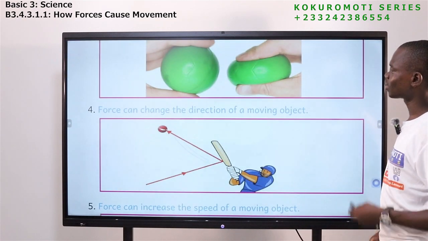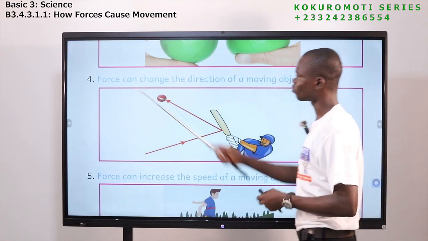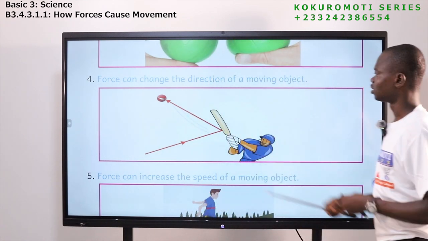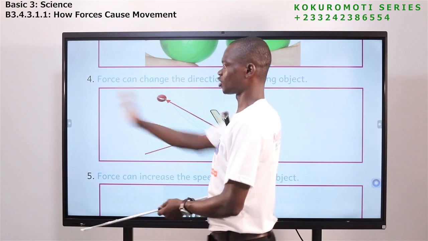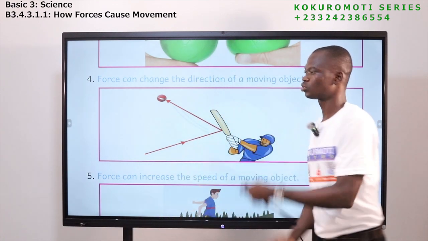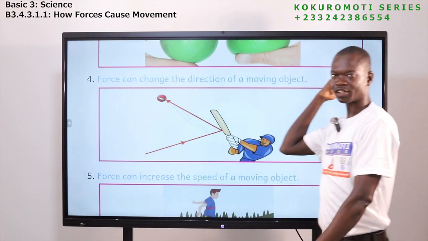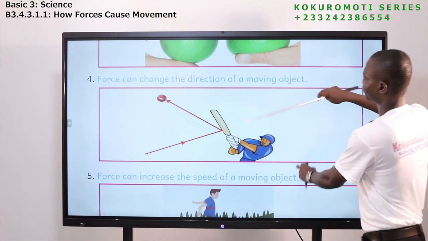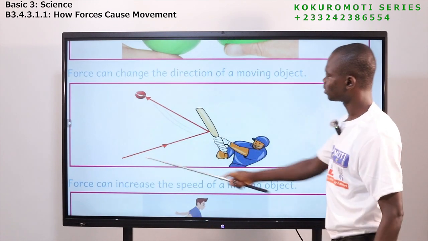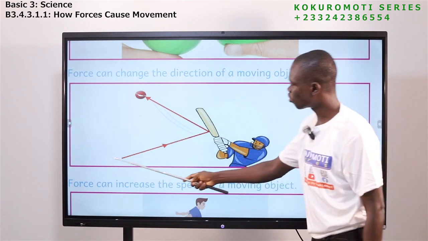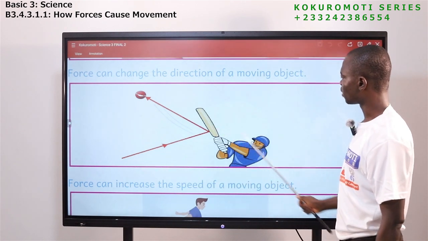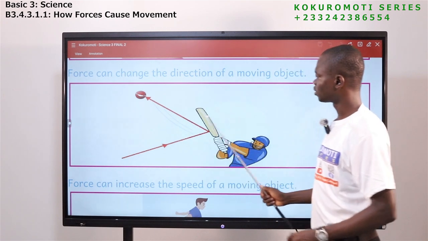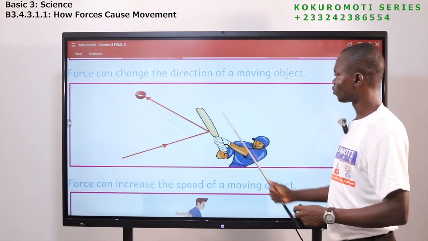Okay. Now another effect of force is this. Number 4. Force can change the direction of a moving object. If a ball is going in this direction, somebody can use force to change the direction to a different side. If you look at this man, you see this arrow showing that the ball was moving towards this direction, but when it got here the man hit the ball with this bat.